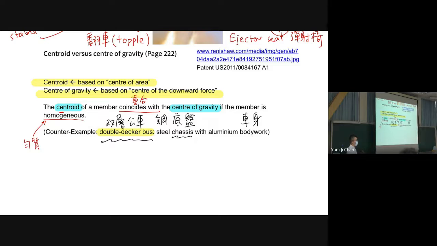Now, if you have finished marking these words, let's go to the next page.